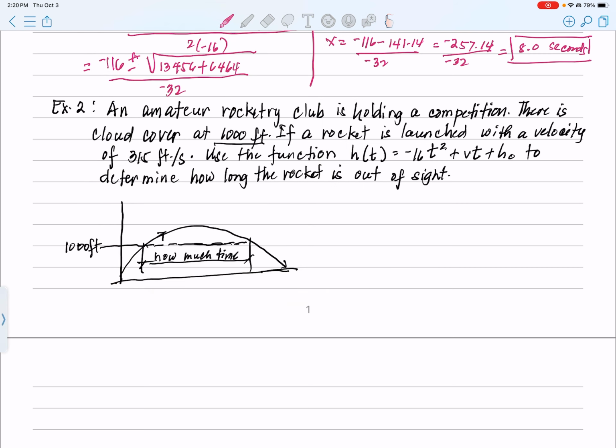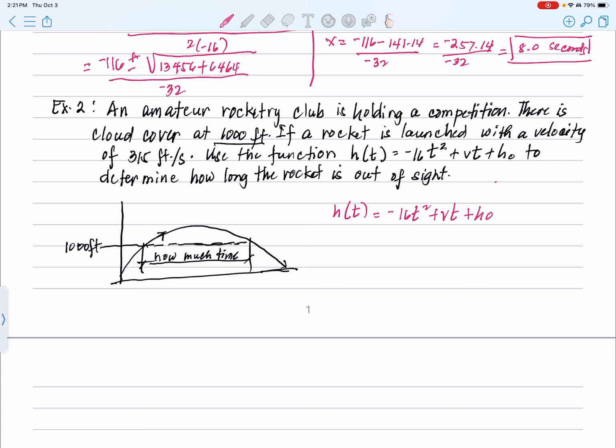You are given the function h of t equals negative 16t squared plus vt plus h sub o, where we have the initial velocity.